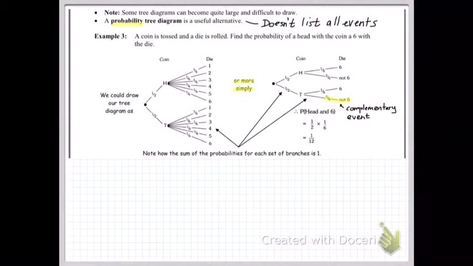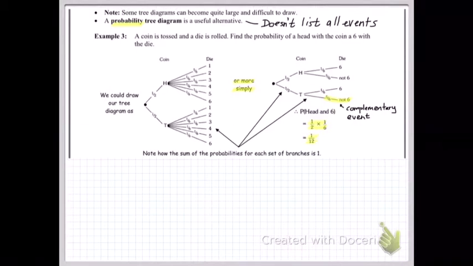So we're either rolling a 6, which has a probability of 1/6, or not getting a 6, and there's 5 possibilities out of 6, or 5/6. So this is much simpler, and the answer shown underneath, the probability of a head and a 6, is just a half times 1/6, which is 1/12.